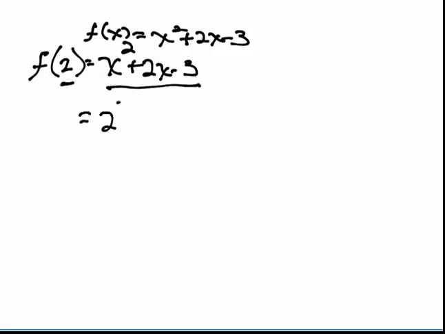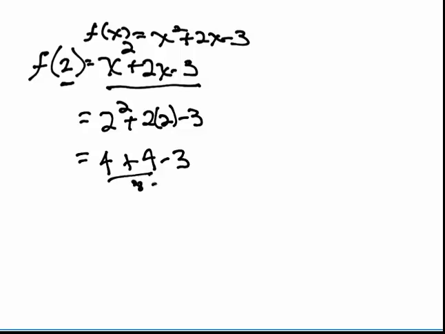So that would be 2 squared plus 2 times 2 minus 3. So you would do your math. 4 plus 4 minus 3. That would be 8 minus 3, which would be 5. So our function f of 2 is equal to 5.